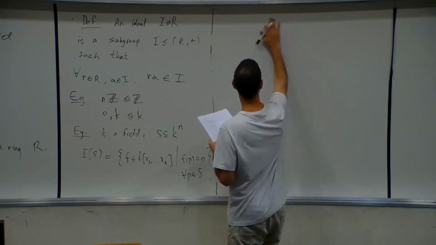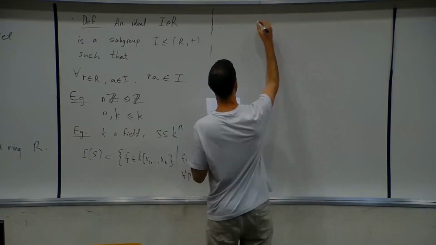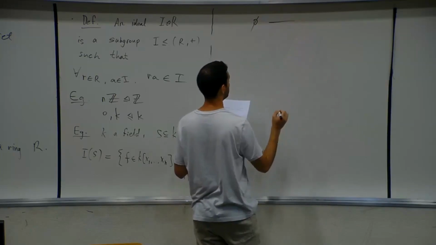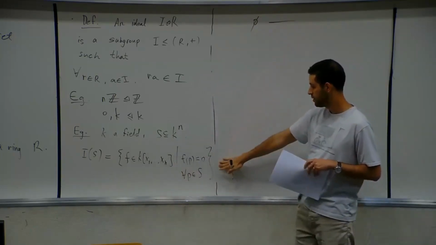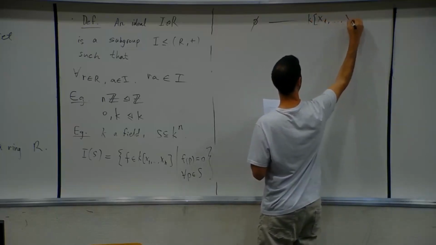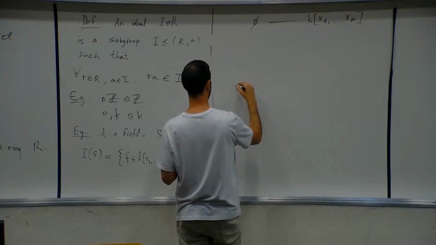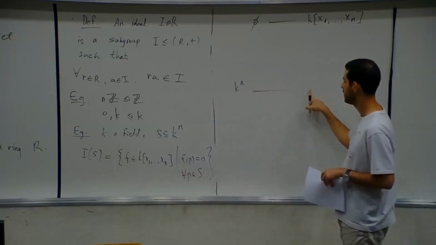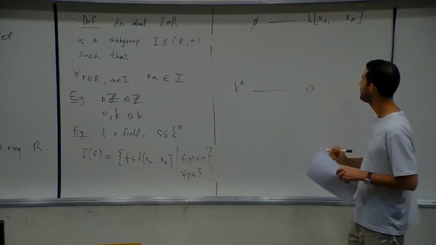Okay, and in fact, if S is empty, what is the ideal of the empty set? The entire ring. The other extreme is that S is everything. And then what is the ideal? Trivial, the zero.